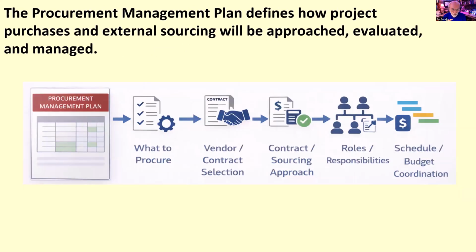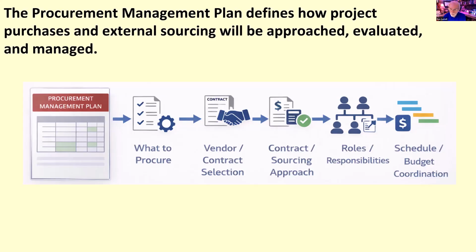The procurement management plan defines how the project purchases and external sourcing will be approached, evaluated, and managed. So we're going to extend the last slide a little bit more in here. Since procurement affects the cost and delivery conditions, the next step is to focus on the artifact used to guide that work, the procurement management plan, or in its simpler form, the procurement management statement.